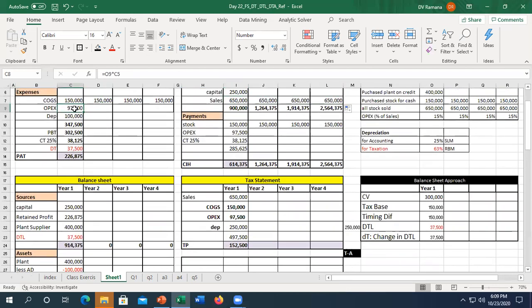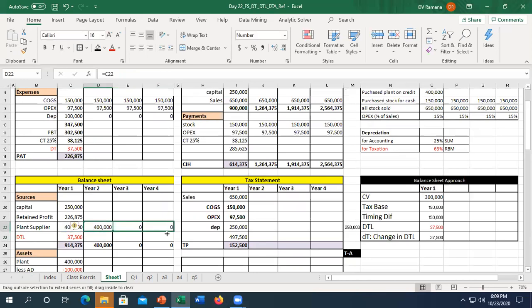The OPEX of the company is the same, 97,000, and we assume that the OPEX is paid in all 4 years. Now the depreciation in all these 4 years is 100,000. We can see that because depreciation is charged on the original cost of 400,000 at 25%.